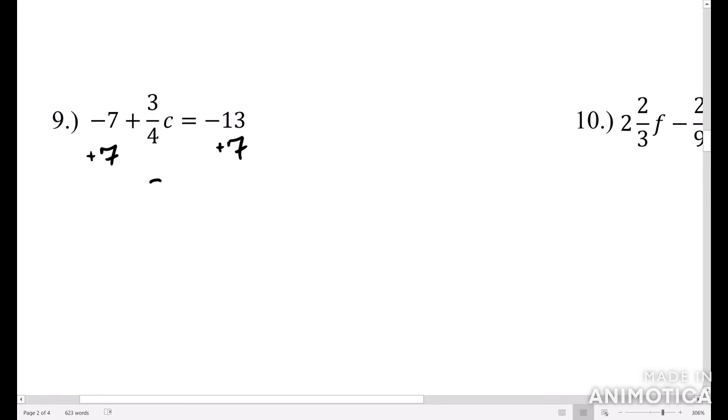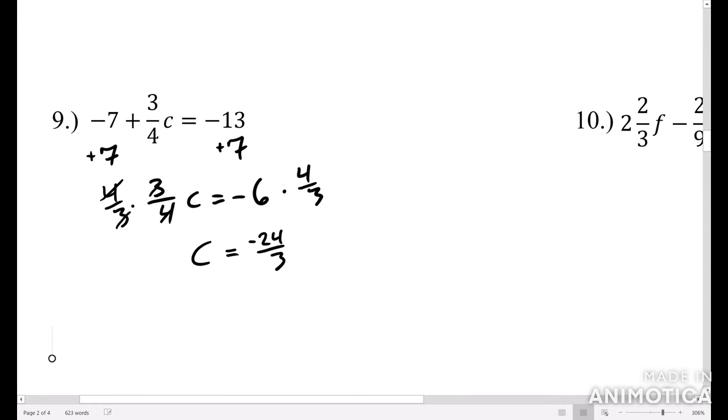So I have 3/4 C is equal to -6. And then I'm going to multiply by the reciprocal again to get rid of these fractions. So the 3's cancel, the 4's cancel, and I'm left with C. And -6 times 4 over 3 is -24 thirds, which is equal to -8.